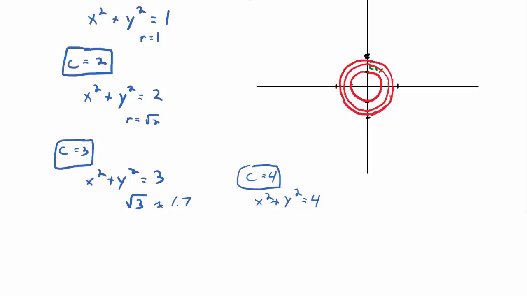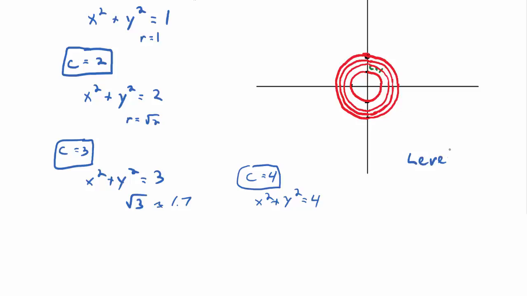And if I had drawn this a little more carefully, you would see that this curve is even closer to the last one than the last two are. I should have made my spacing a little bigger, but I think you'll get the idea from this. There you go. Okay. So what do the level curves look like?